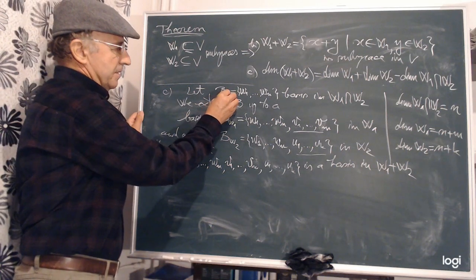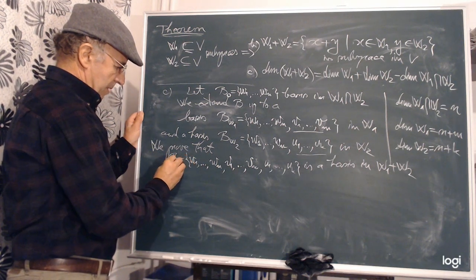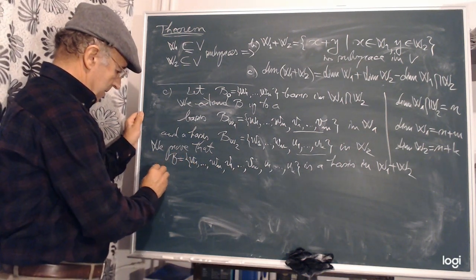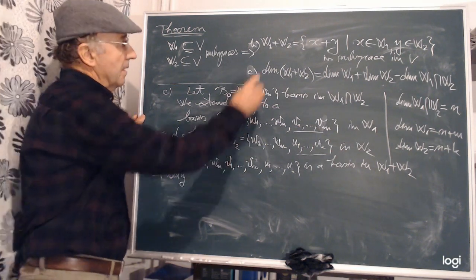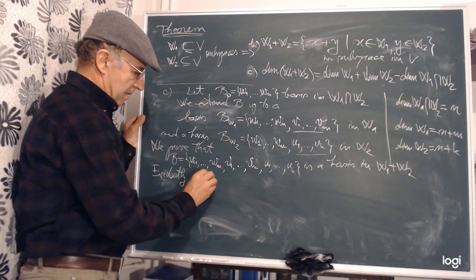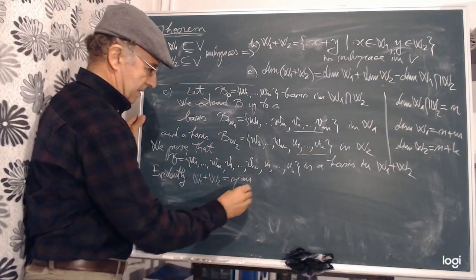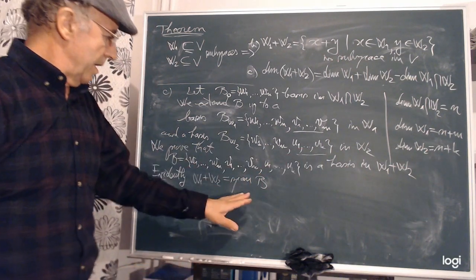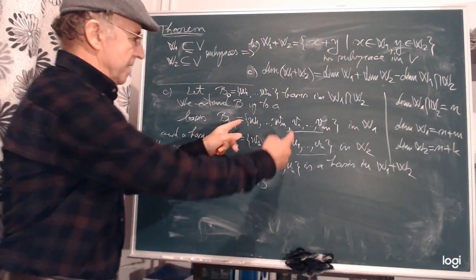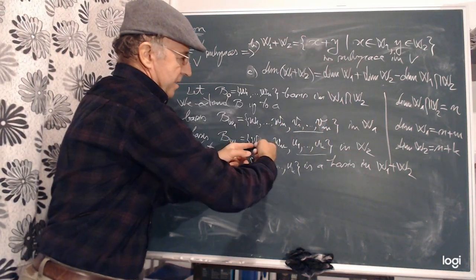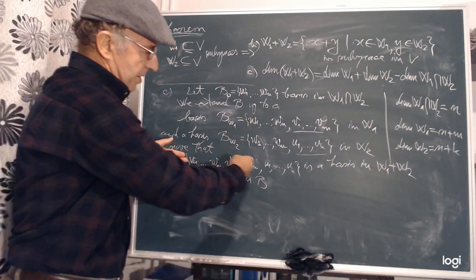Let us denote this set by B. Evidently, W1 plus W2 is the span of this set: any element x plus y is a sum, where x is a sum of these vectors and y is a sum of these vectors, so x plus y is a linear combination of these vectors.